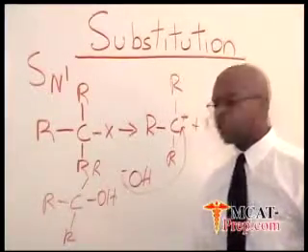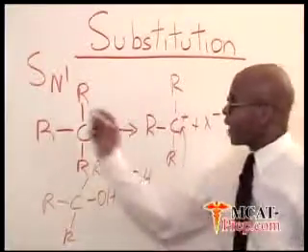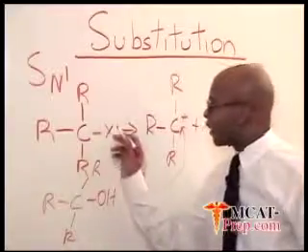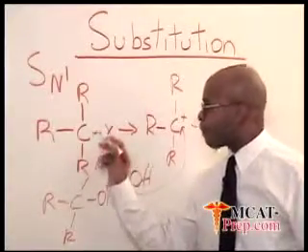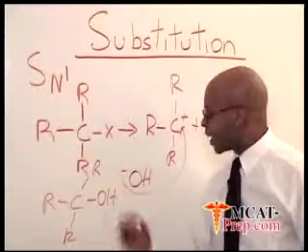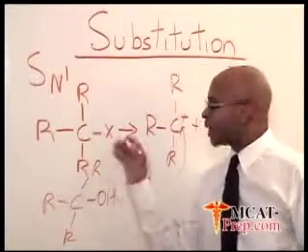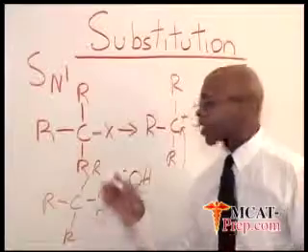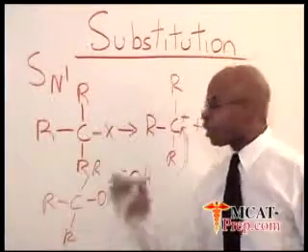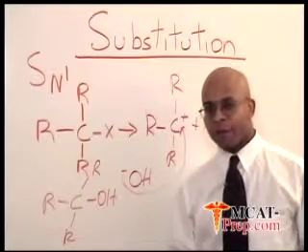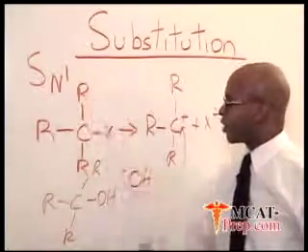This is called nucleophilic substitution because at the beginning of the reaction, we had an X group attached to the carbon, and at the end, we have an OH group attached to the carbon. So there's been a substitution at the carbon from X, a halide, to OH, the nucleophile. That's the first thing, nucleophilic substitution.